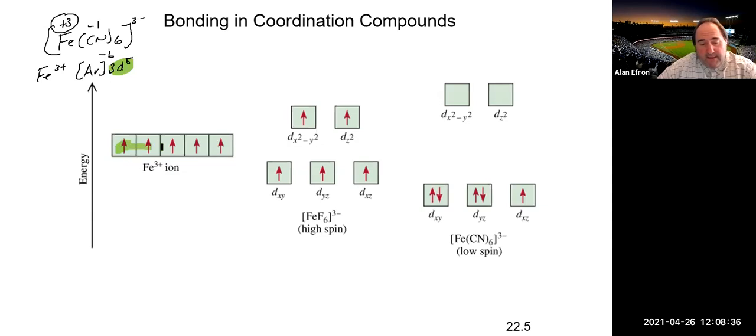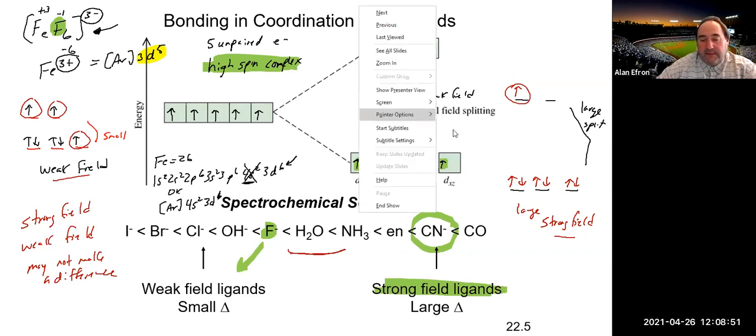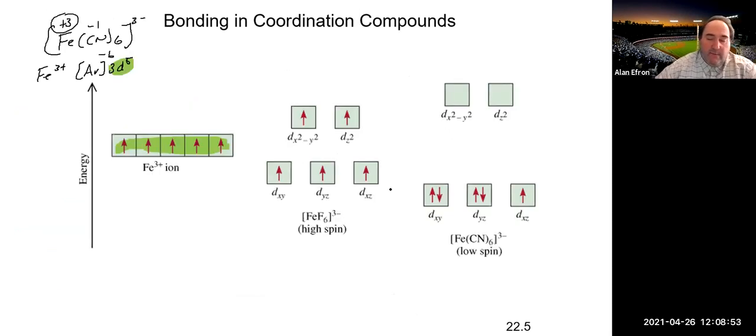These are going to be the 5 d electrons again, distributed in this complex ion. Now, when we look at CN minus, if we come back, our CN minus is over here at a strong field. Because the ligand here is CN minus, we get this strong field approach. That means when we distribute these electrons, we now have a pretty large separation.